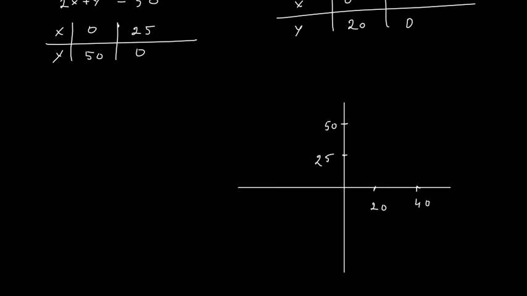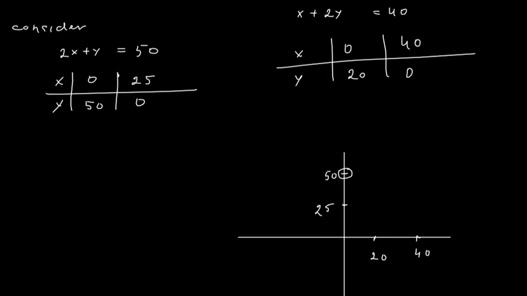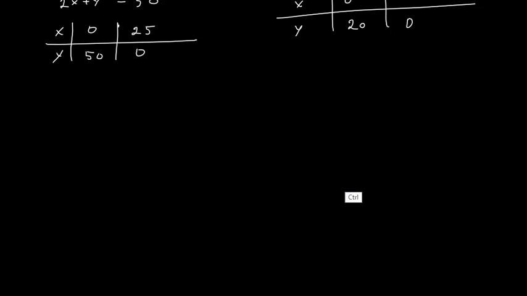Now 0 comma 50, so this point, and 25 comma 0. Along the x axis I want 25. So this 20, 40 will not work. Instead, we will make few smaller divisions.